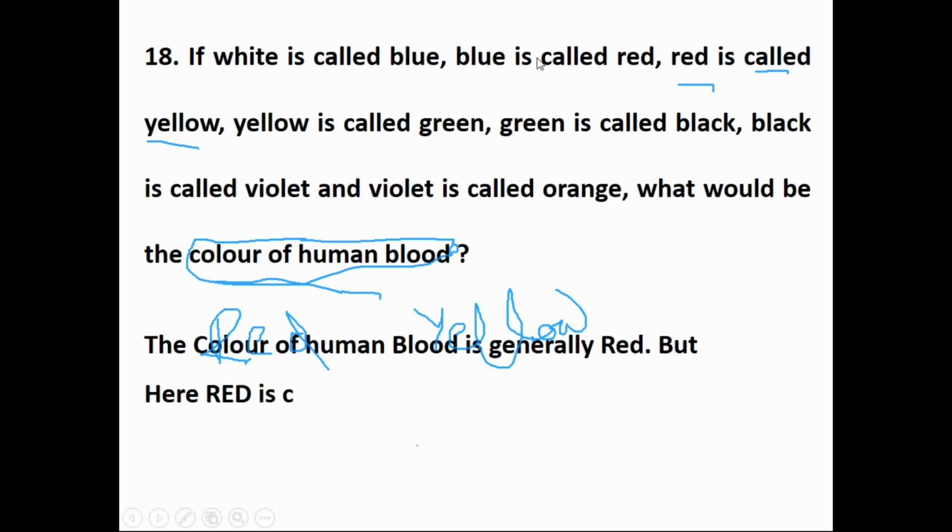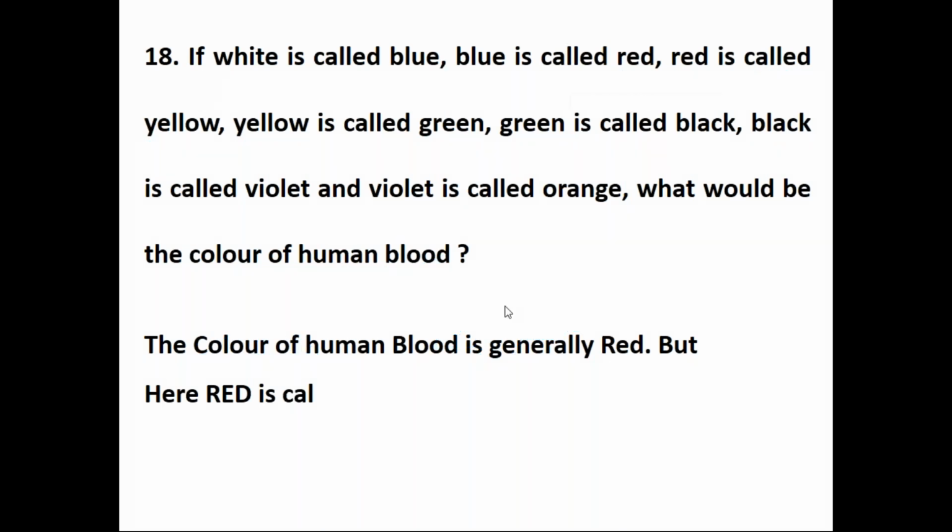A is called B, B is called C, but B is not called A. C is not called B. White means blue, but blue means red, ma. Red means yellow. So what exactly the answer? Red substitute is the correct answer, ma. Red is called yellow.